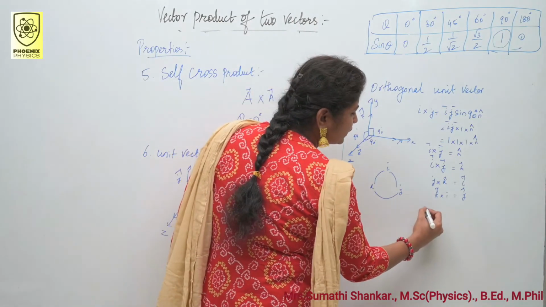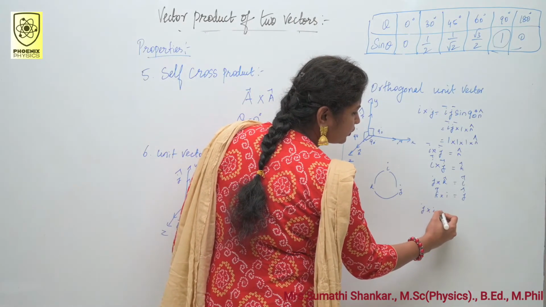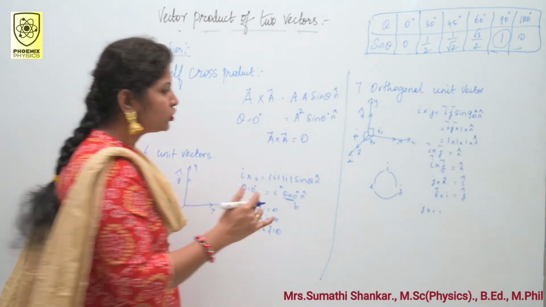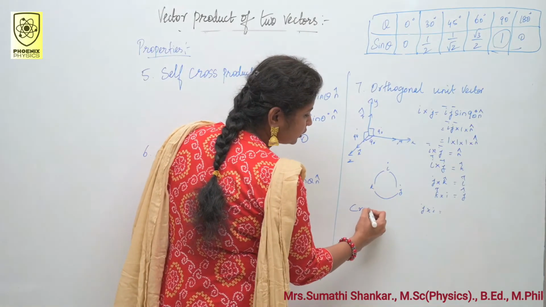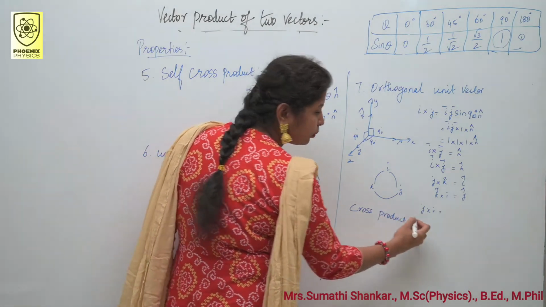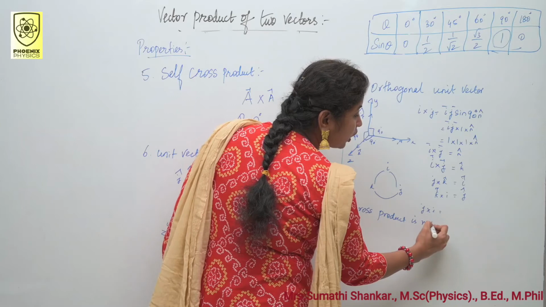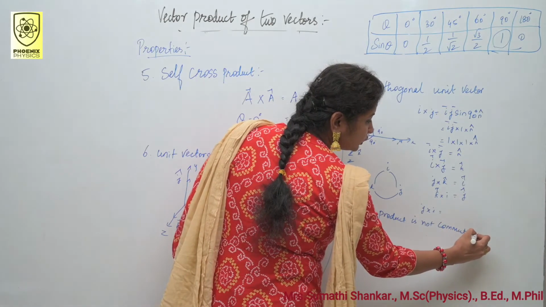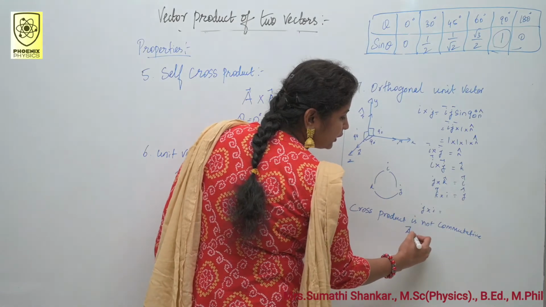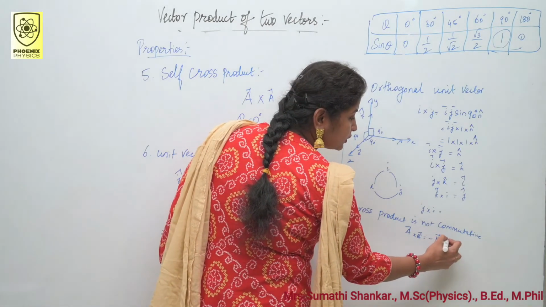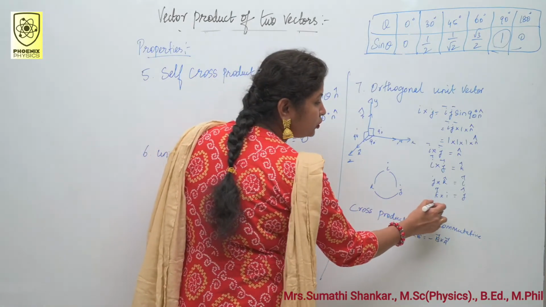Then what about j cross i? Earlier we studied the property that cross product is not commutative. I hope you know that. Cross product or vector product is not commutative. That is why we have written A cross B is equal to minus of B cross A. Here, how do you find j cross i?